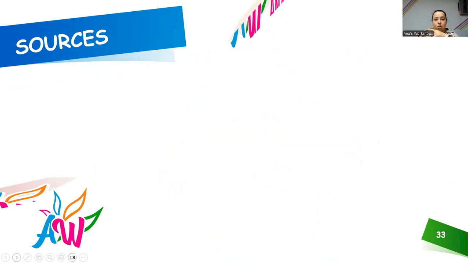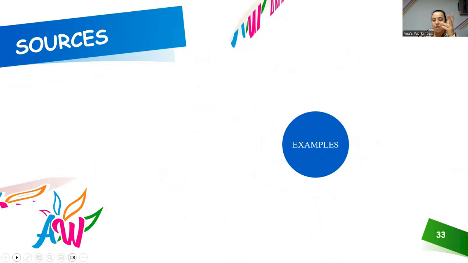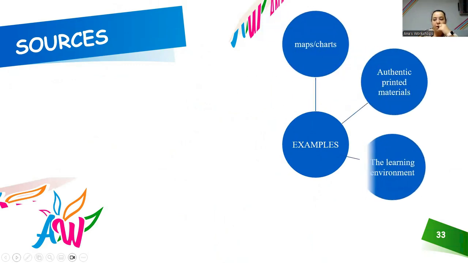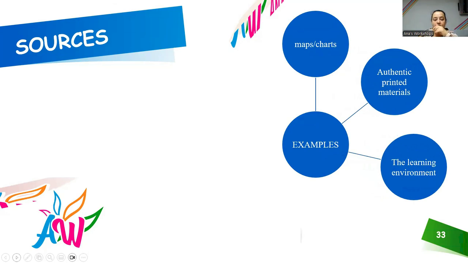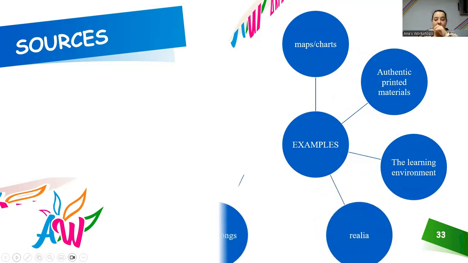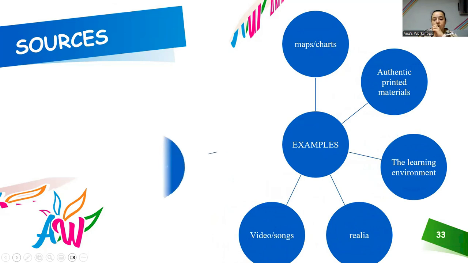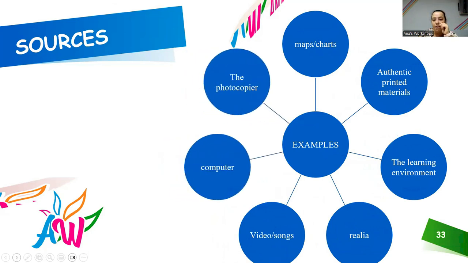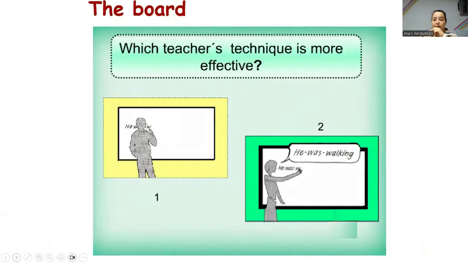There are plenty of sources where you can get information, of course the internet, maps, authentic material which is printed or online, the learning environment, realia, videos, songs, YouTube, apps, the computer, the cell phone, copier. The sources are endless, really. It depends on you how to put those sources at the service of your lesson plan.